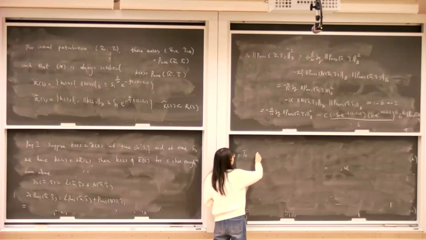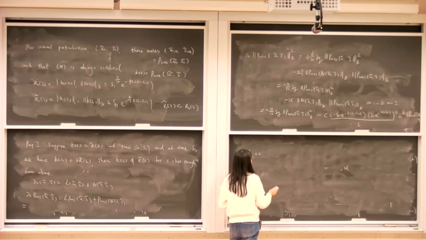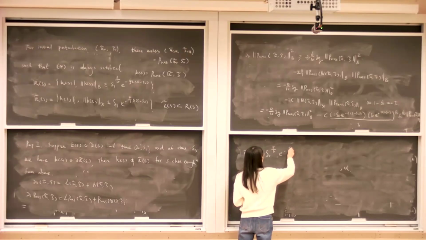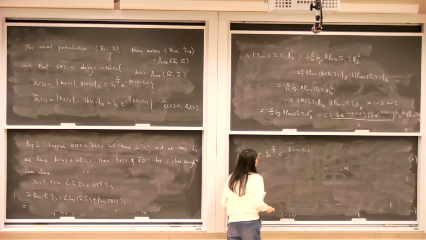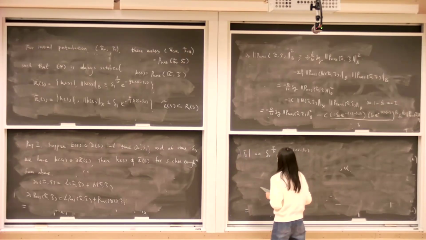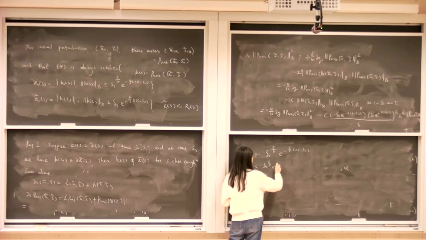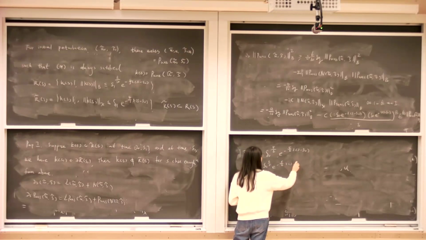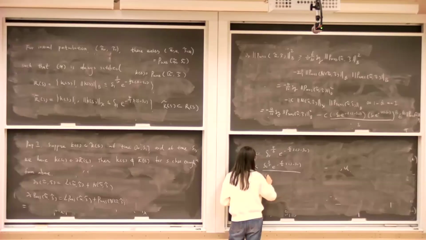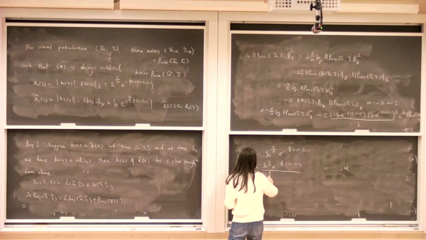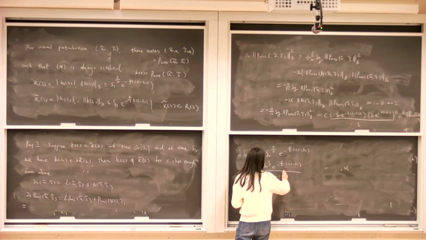T2 is less than or equal to delta naught, let's say 5/6, a little bit slightly smaller, and then less than or equal to delta naught 6/5 e to the negative 5/6 epsilon, divided by the boundary delta 1 4/3, delta 0 4/3.